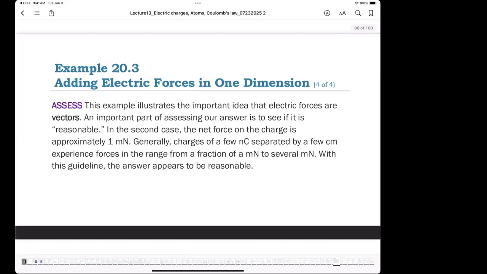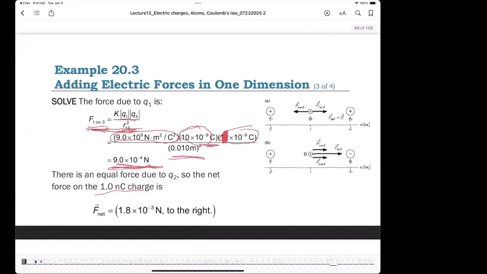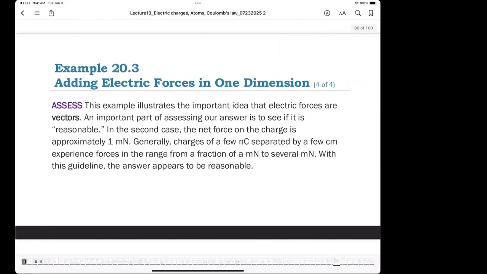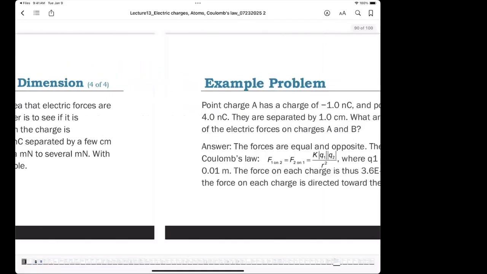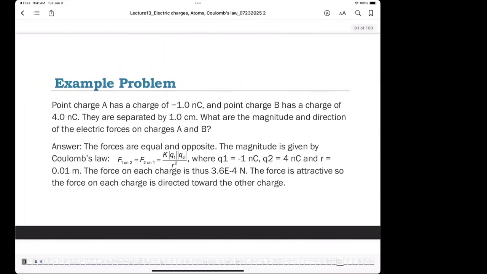Generally, charges of a few nC separated by a few centimeters experience forces in the range of a fraction of a millinewton to several millinewtons. With this guideline, the answer appears to be reasonable. After you recalculate, you can also use these assess steps to see if the answer is reasonable or not. Okay, let's talk about the other example problem.